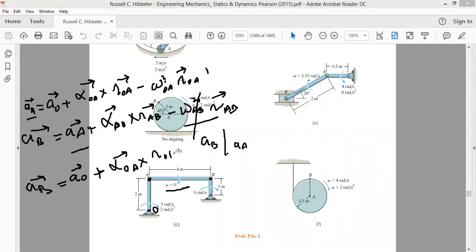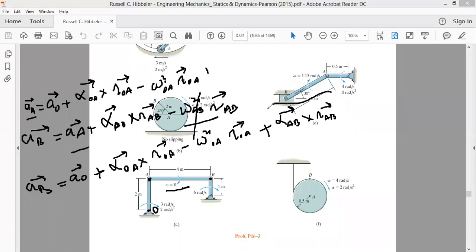minus omega square OA multiplied by the ROA vector. That's it. So this is our acceleration of A. Then we have plus angular acceleration of AB, that is alpha AB, cross radius vector RAB.